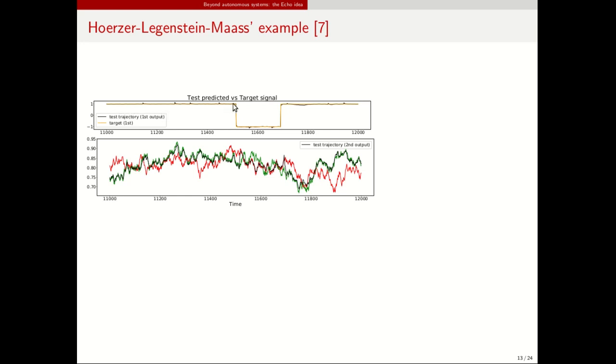When the internal memory switches to -1, the second component of the output switches from the reproduction of the green signal to the red signal, as you can see. And then around here we switch back towards the value of +1, and so the network will switch and start to reproduce the green signal again.